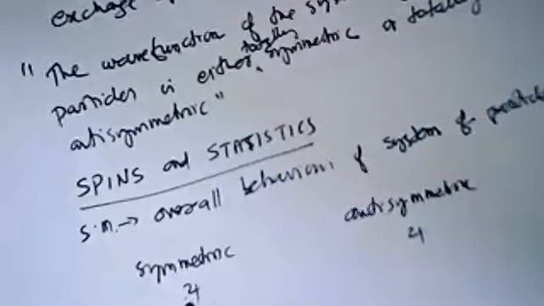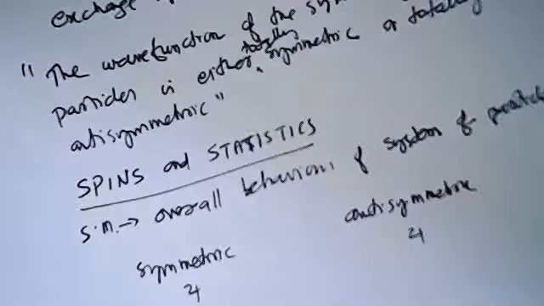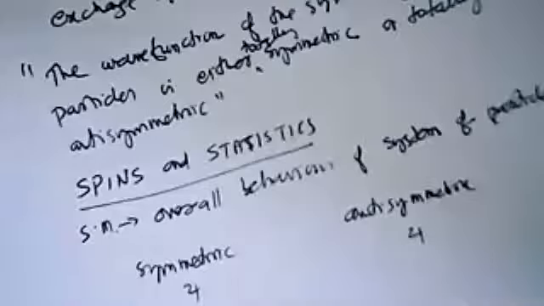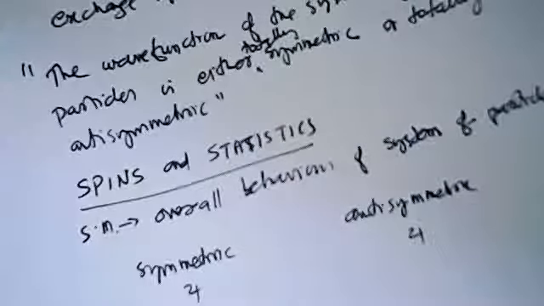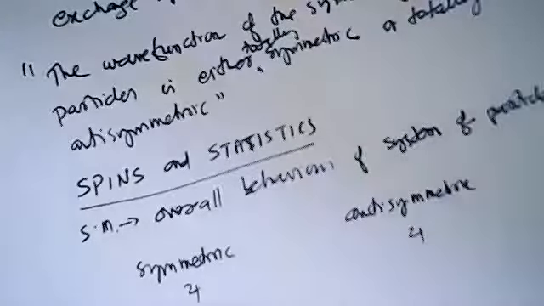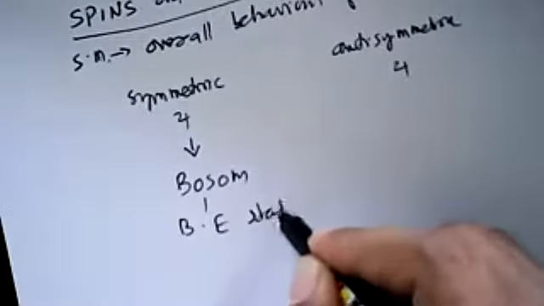So a system which has a symmetric wave function is known as bosons, or they obey Bose-Einstein statistics, BE statistics.